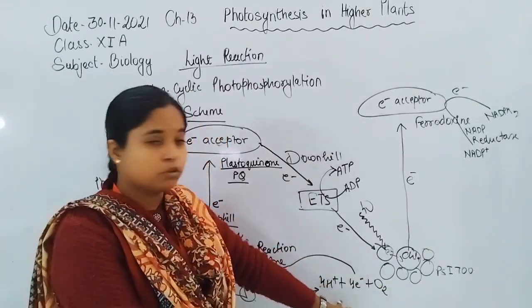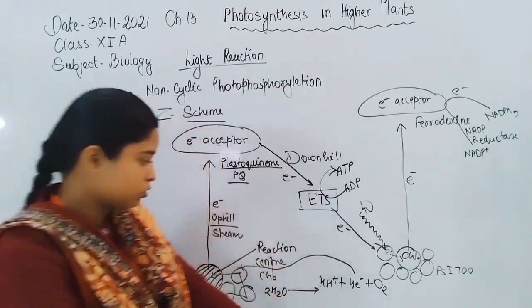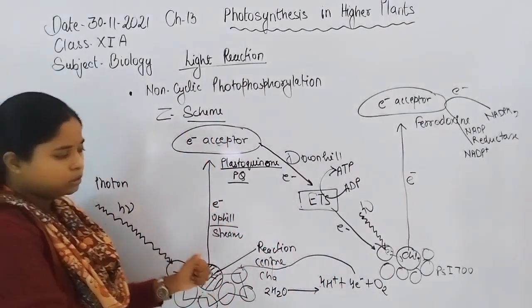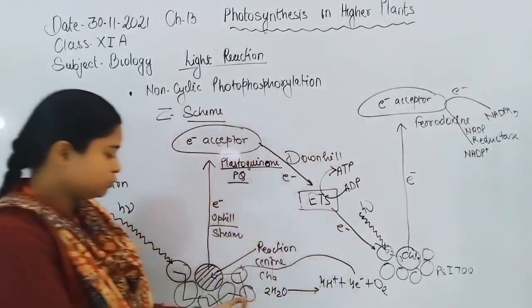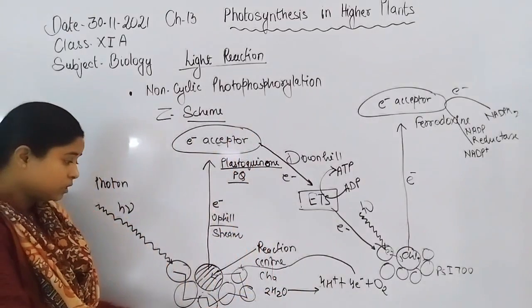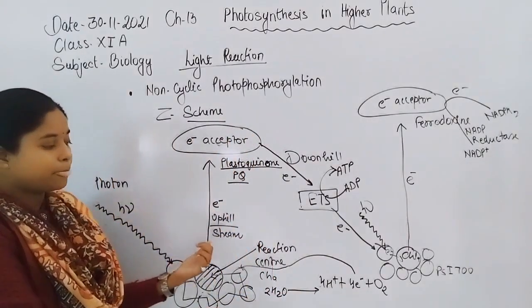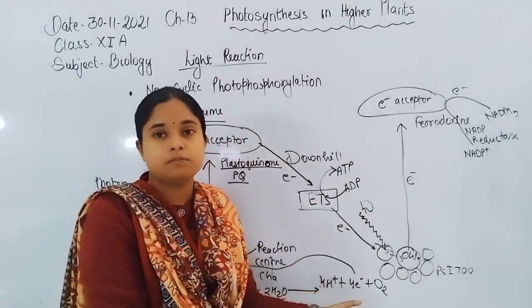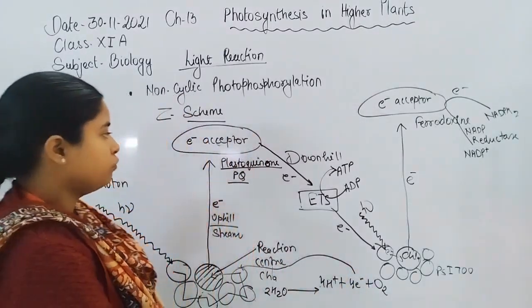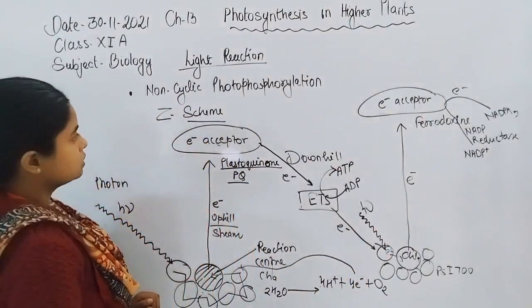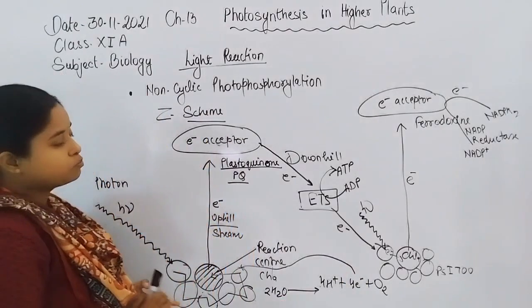But here the 4H plus and the 4 electrons are also formed, and the 4 electrons are transmitted to the light harvesting complex of photosystem II, so recovery takes place through the splitting of water. These are the products.